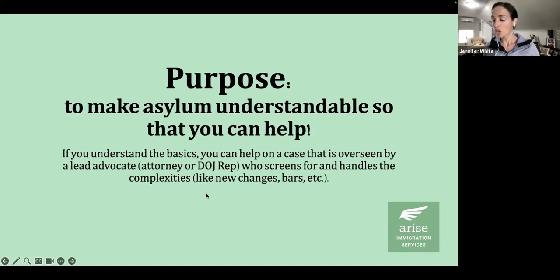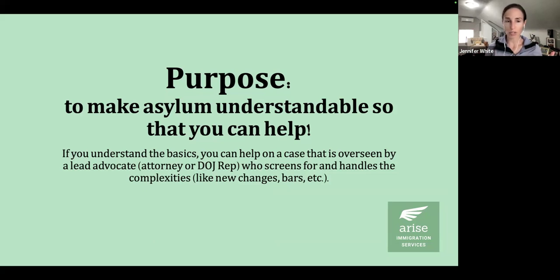Okay. So one of our big goals at Arise is just to give you simple enough explanations so that you can actually help. Because even though this area of law is super complicated, if you have a general working understanding, you really can contribute, especially if you're someone who's attentive to detail and good with people, understanding of things like past trauma and cultural differences, you really can contribute.